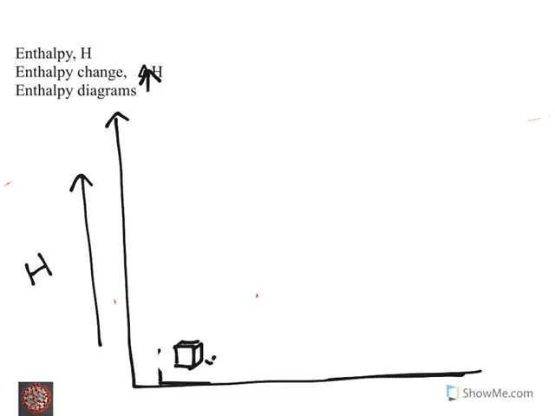So solids, remember, the particles are in fixed position. Not a lot of energy, right? So this is typically considered low enthalpy. If you consider liquids, the particles are still close to each other, but they're able to slide past each other.